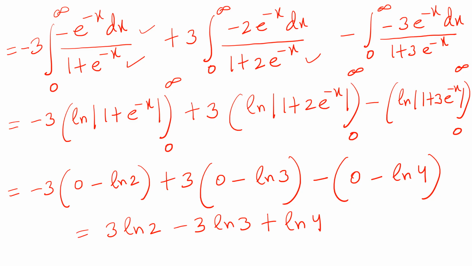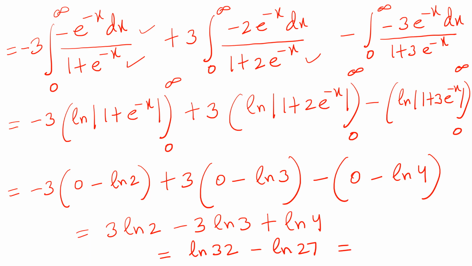Now 3 ln 2 can be written as ln 8, and ln 8 plus ln 4, by using the law of logarithm, becomes ln 32, because log a plus log b is equal to log ab, and minus 3 into ln 3 can be written as ln 27.